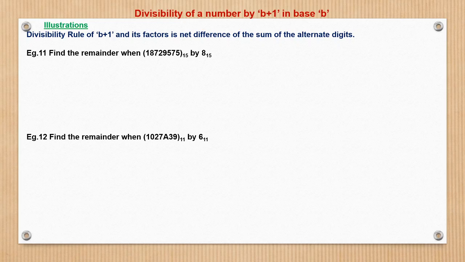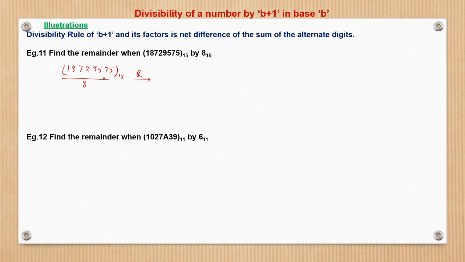A few more illustrations on the same concept here. It is 18729575 in base 15 by 8. What would be the remainder? Remainder is C. 15 is the base, so base plus 1 is 16, and a factor of 16 is 8.